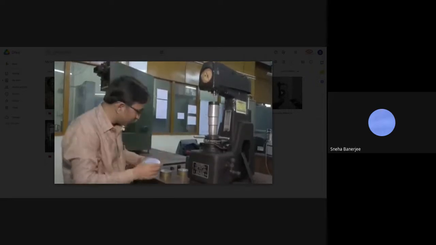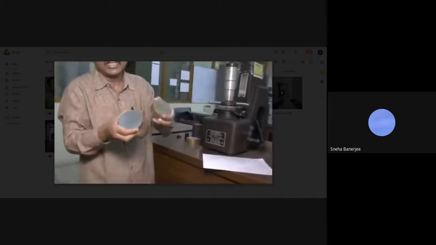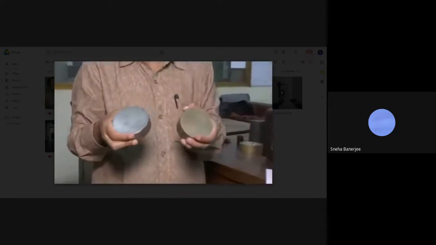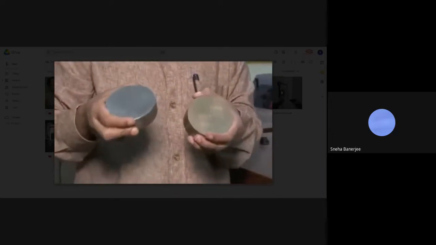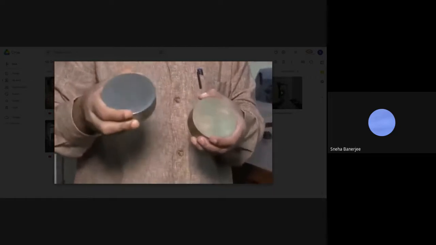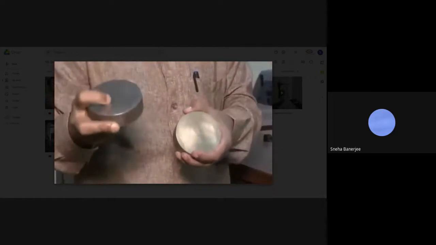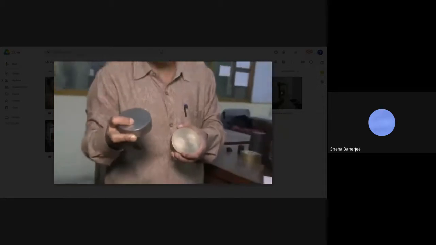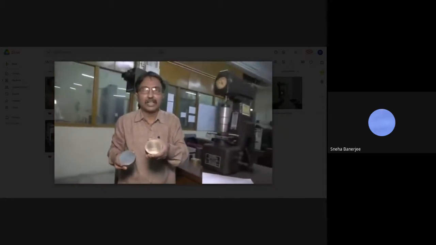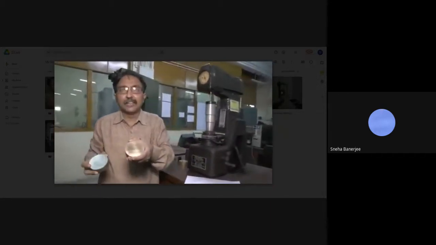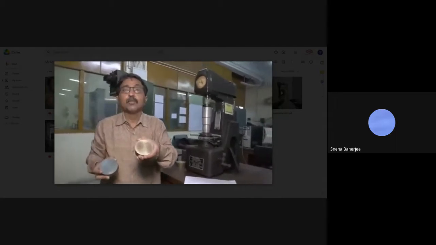Definitely, if I use two different materials, one mild steel and one brass, their hardness will not be the same. If the hardness of steel is high, the depth of penetration will be small. If the other one is a little softer, the penetration will be high.